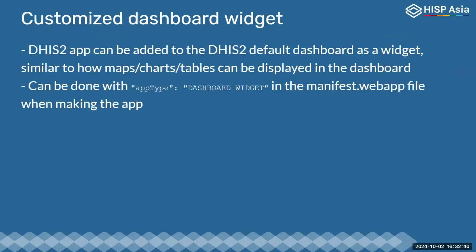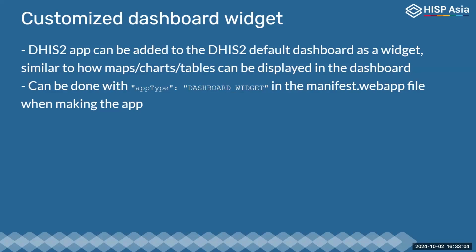And next is the customized dashboard widget. This one is very simple. We just develop widgets that can be added into the default dashboard of DHIS2, like the chart, map, and table that Bangmot demoed in the previous session. Why did we do this?